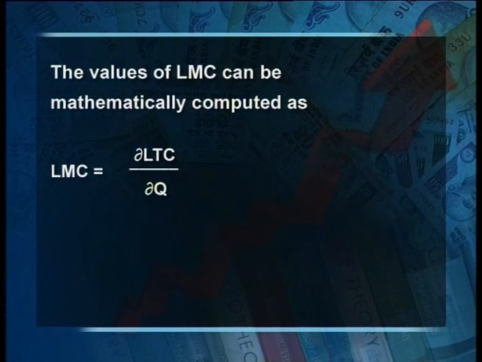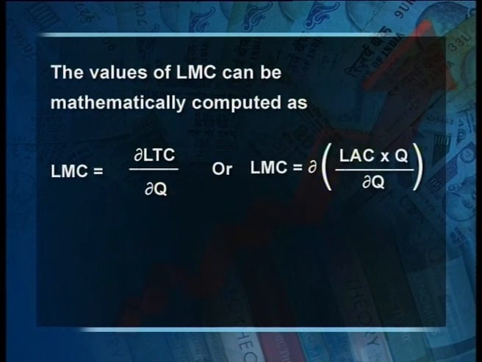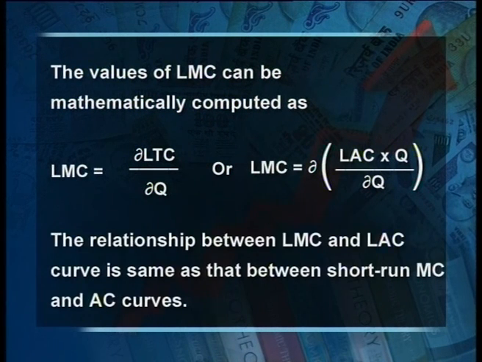LMC is dLTC divided by dQ, or LMC is d(LAC × Q) by dQ. The relationship between the LMC and LAC curve is the same as that between the short run marginal cost curve and average cost curves.